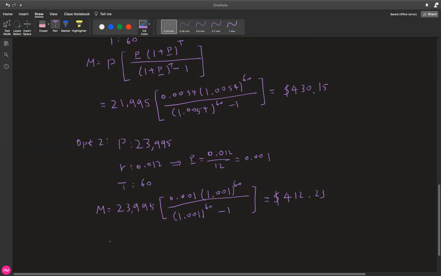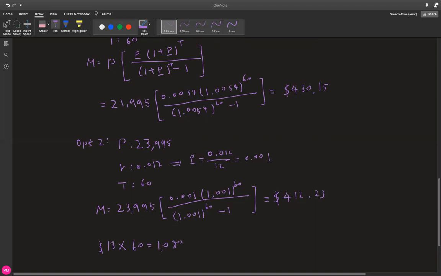But if you take the $18 and multiply by the total number of payments, this is how much more you'll pay if you go with the manufacturer rebate, which is actually over $1,000.